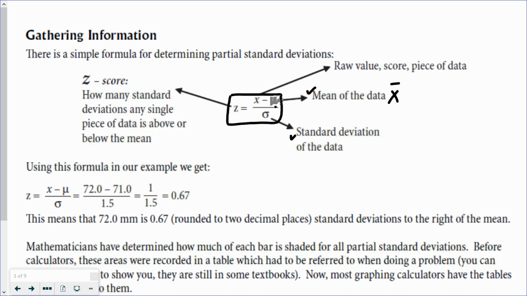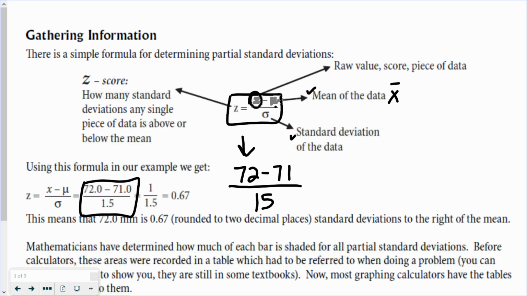So using this formula in our example, our raw value or our piece of data would be the 72.0. That's the data point that we're looking at. We're trying to find out where it is on our normal distribution. So we'd go 72, that represents this x part. Subtract the mean, so the mean is 71, and we divide it by the standard deviation. That's right here as well.